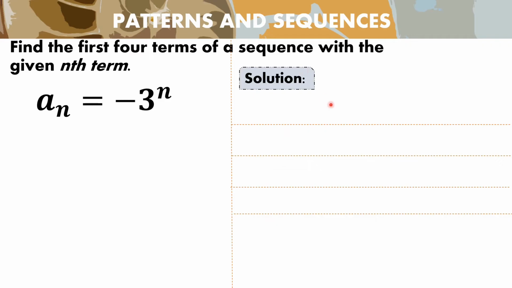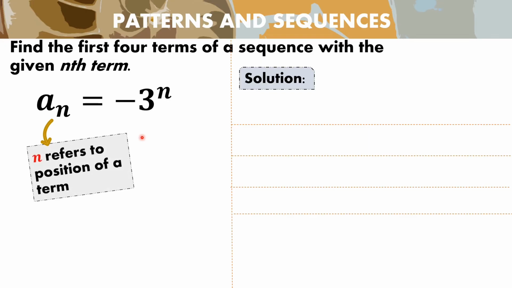Another example. Find the first 4 terms of a sequence with the given nth term, a sub n equals negative 3 raised to n. Since n is the position of a term, let's find a sub 1, a sub 2, a sub 3, a sub 4.